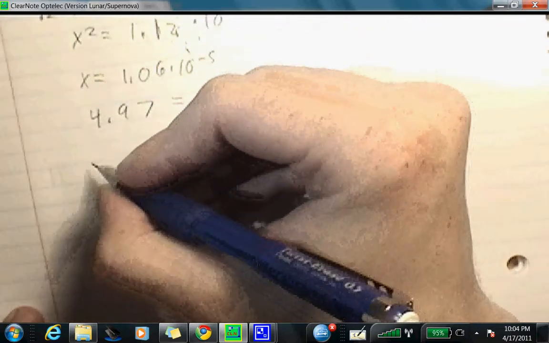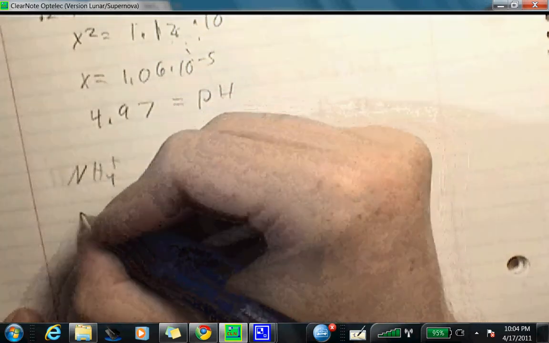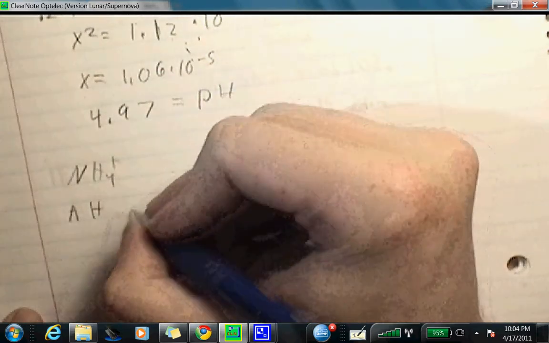So the major difference is we have to look at our formulas. Our amine, I'm just going to write A for the base. Let's just write HA.